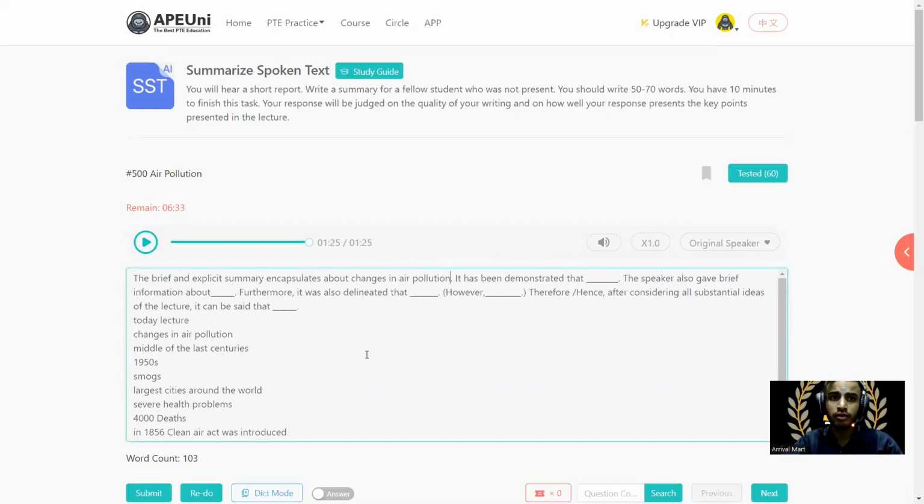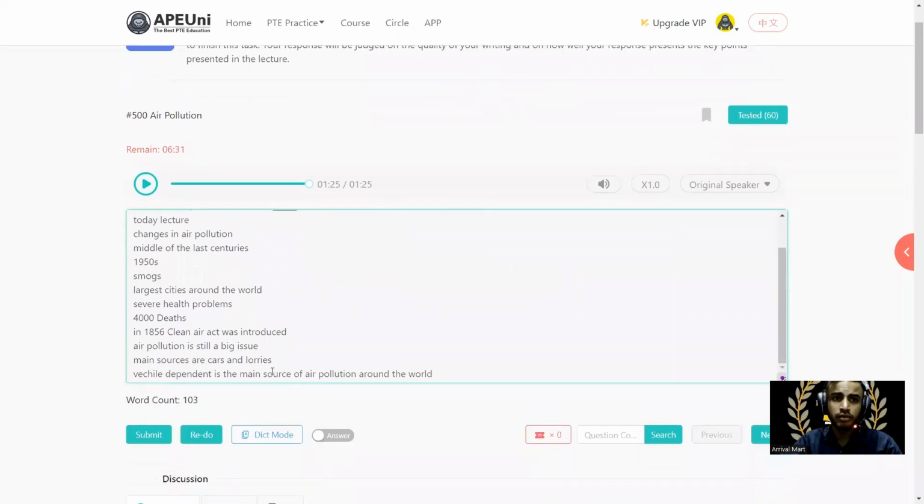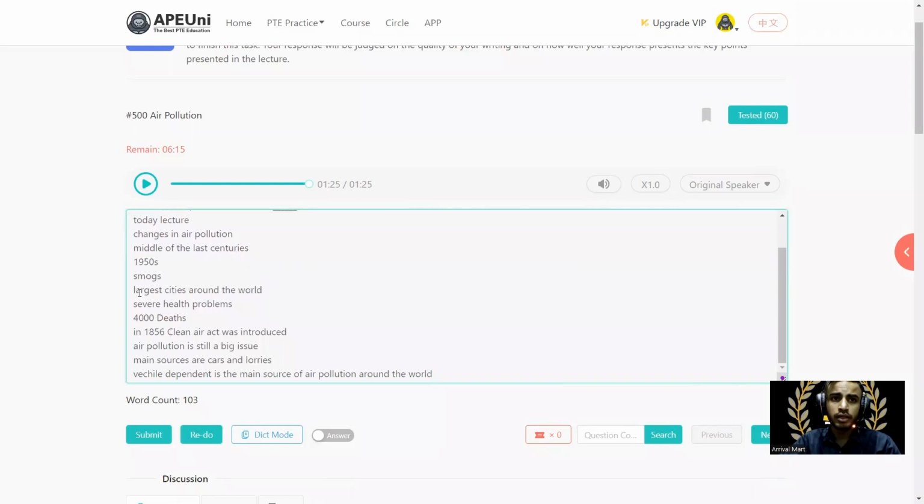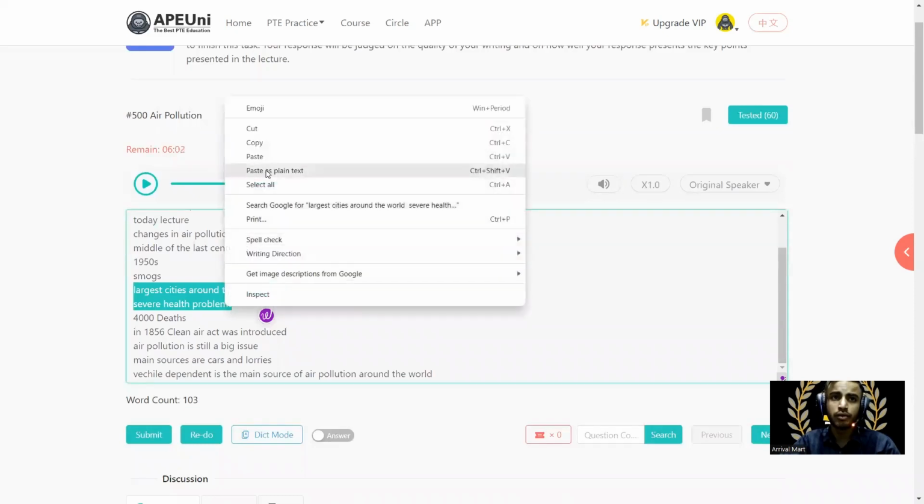It has been demonstrated that vehicle dependent. In 1950, what I can do is say that the largest cities around the world were affected by severe health problems in 1950. That's how I will be using it.